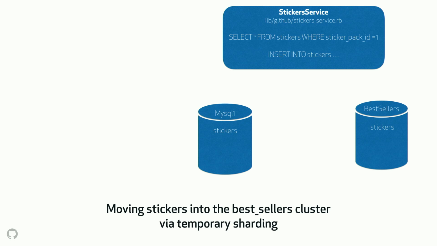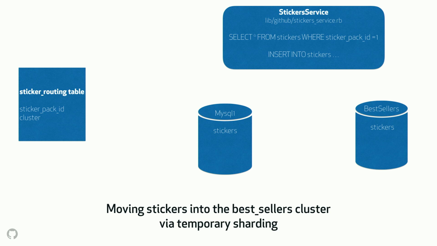So I just wanted to explain this visually once again. So here we have this sticker service, which is just a class within our monorail that has all of the queries going to the stickers table. Then we have the stickers table in MySQL 1 with all of the data. And then we have an empty stickers table in the bestsellers cluster. We also have this stickers routing table, which I alluded to before.